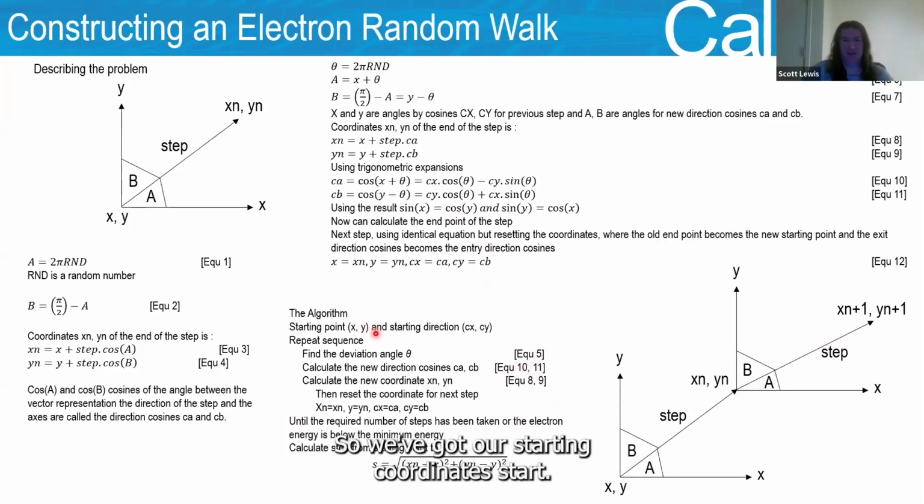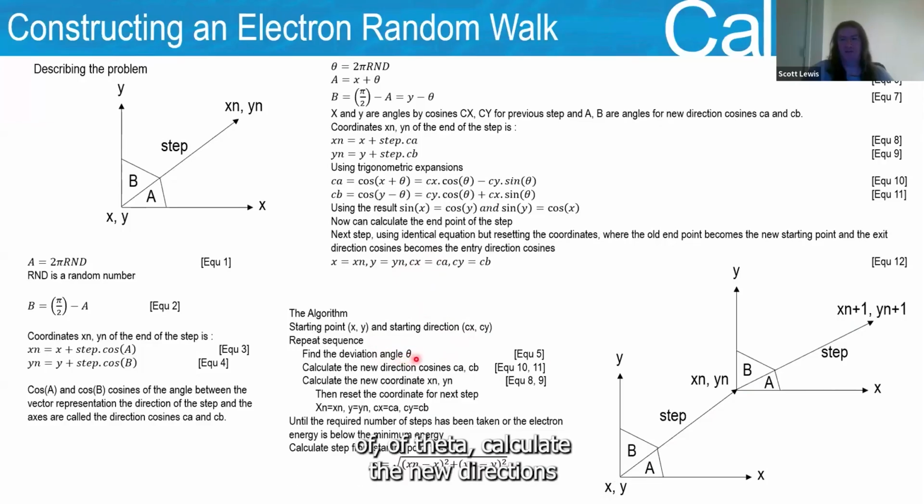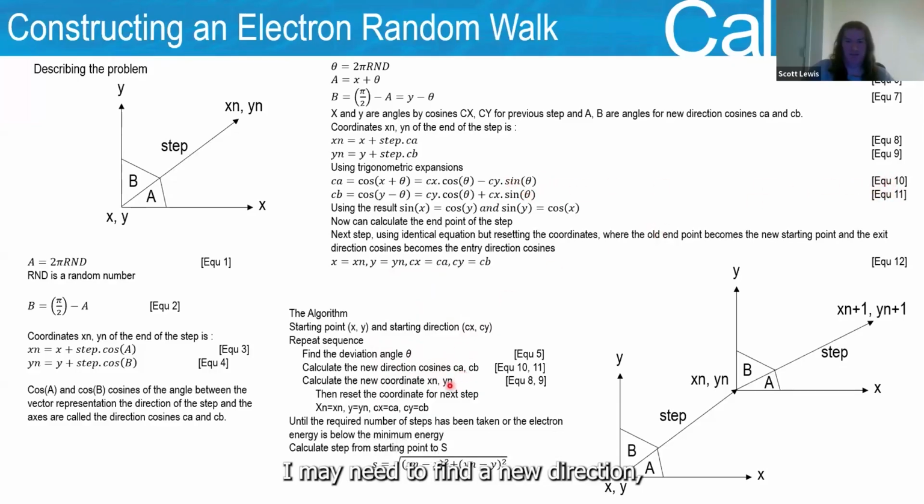So we've got our starting coordinates, and the starting direction, because they're equal. We need to find out the deviation of theta and calculate the new directions, which is governed by these two equations. We'll go into this in a bit more detail. We need to find a new direction, which is essentially these.